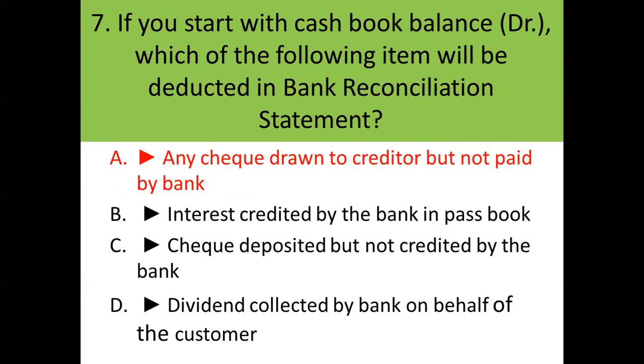When we prepare a bank reconciliation and start with the balance of the cash book, any check drawn to creditors means that the check is unpresented. We draw a check to creditors and the creditors didn't go to the bank for withdrawal. In this case, when preparing the bank reconciliation, this check is deducted from the balance of the cash book.